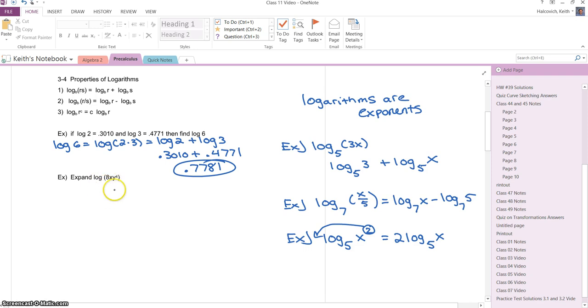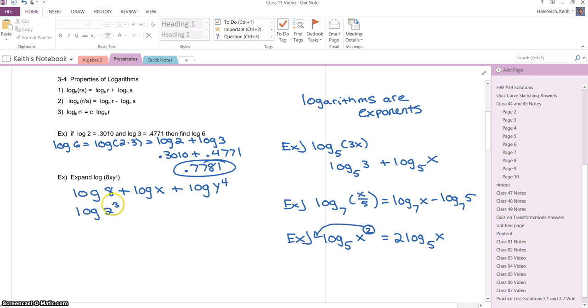Expand a logarithm. Remember, when you're multiplying, you can expand it out into addition. So it's going to be log 8 plus log x plus log y to the fourth. Now, log 8 is the same as log of 2 to the third.